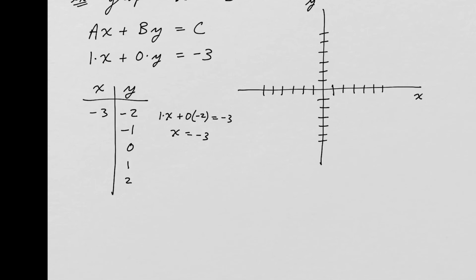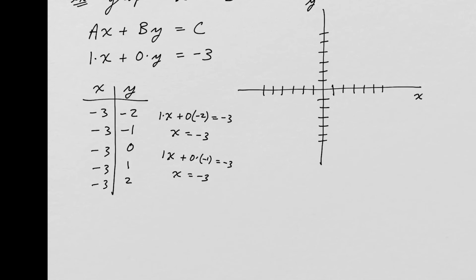If I plug in the second value, say -1 for y, I'm going to get 1 times x plus 0 times -1 equals -3. And again, what's 0 times -1? It's 0. So I'm going to get x is equal to -3. So notice that it doesn't matter what you plug in for y, you're always going to get x is equal to -3.